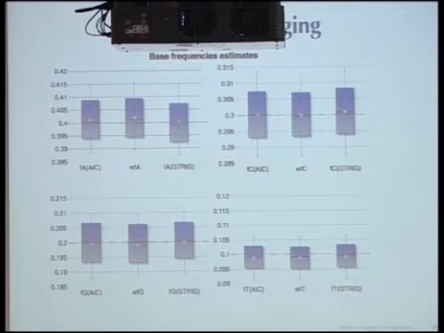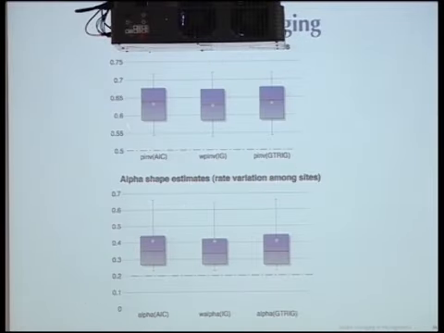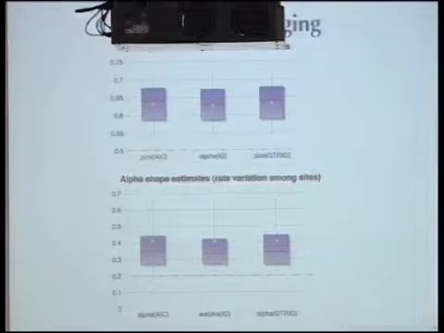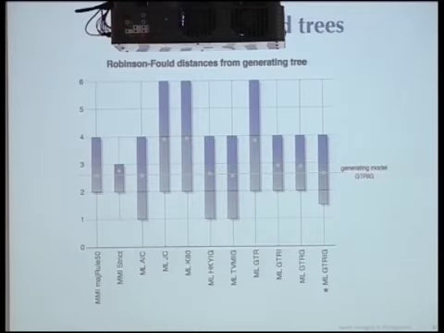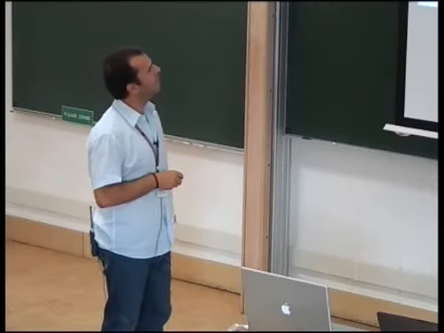We don't need to estimate this from 56 models. How about the proportion of invariable sites? Here there is a little overestimation, but not much. If we compare the model average with the best fit and the true model, we get pretty much similar things.